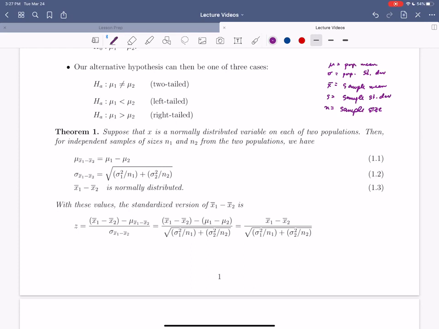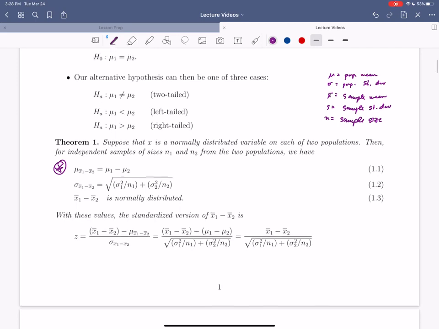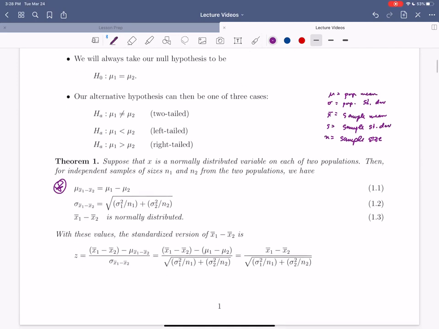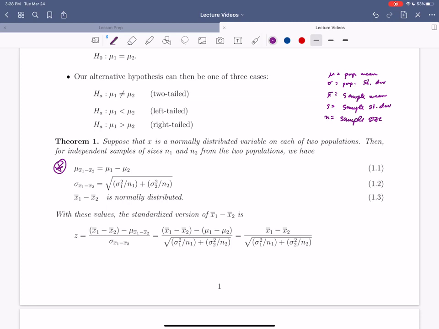It turns out that under our hypotheses, where x is a normally distributed variable, the mean of the differences is what you're going to look at. Remember, we have two populations and we want to know whether their means are equal or not. We want to know, is mu1 equal to mu2?